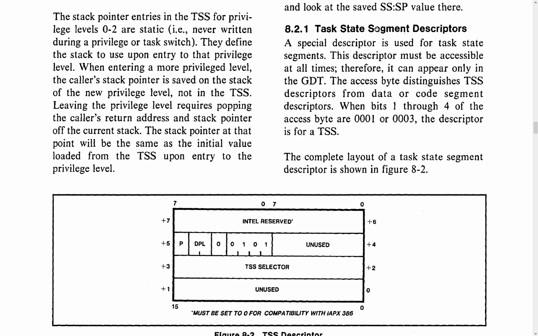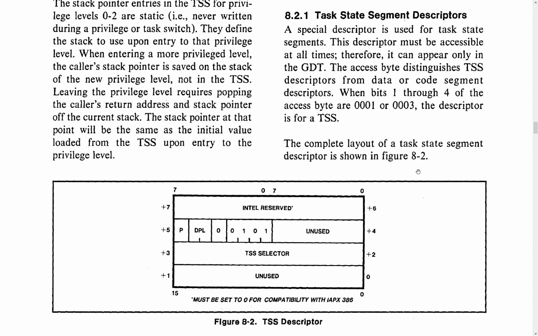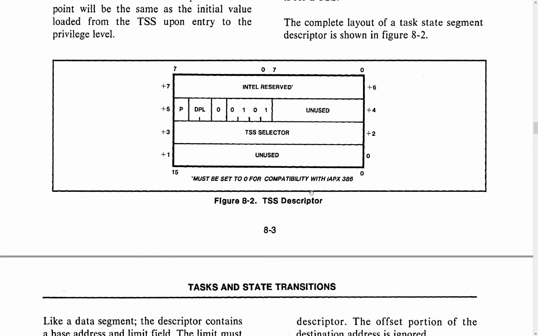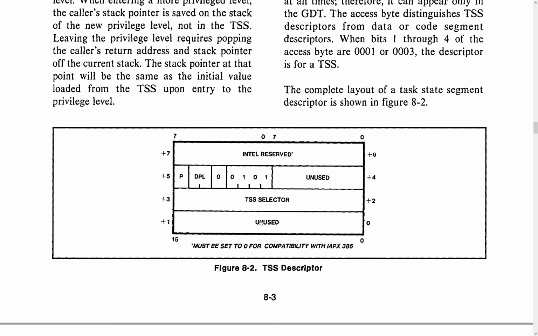This says that the task state segment descriptor has the lowest bits either 00001 or 00011, but this is not what is shown here. And also it then said that the limit must be at least 43, which we already have, 44 bytes minimum. The descriptor contains a base address and a limit, but this figure does not have a base address nor a limit.